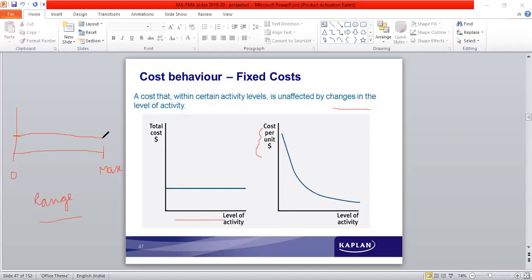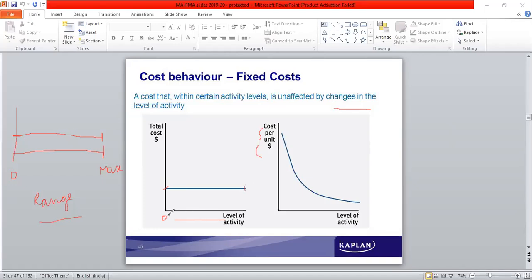You have to have this concept very clear. It will not change starting from zero number of units till the maximum capacity. At zero number of units, X is zero, it is incurred at that level also, and then it would remain same till it reaches the maximum capacity level.